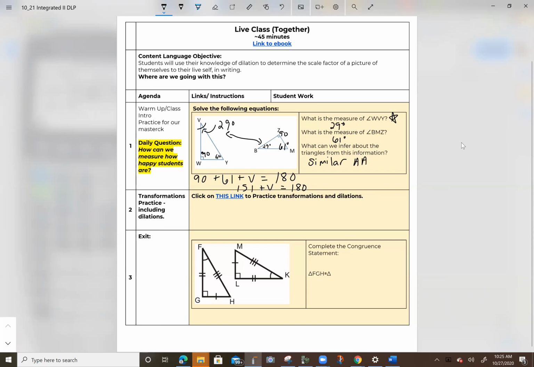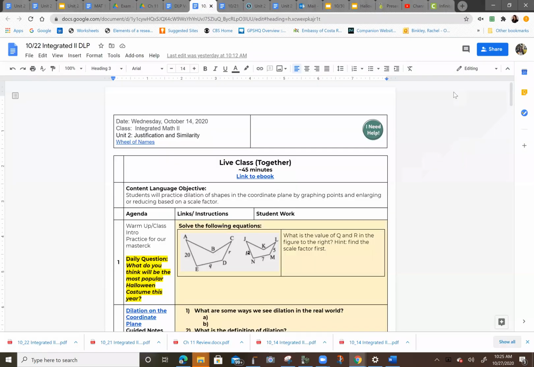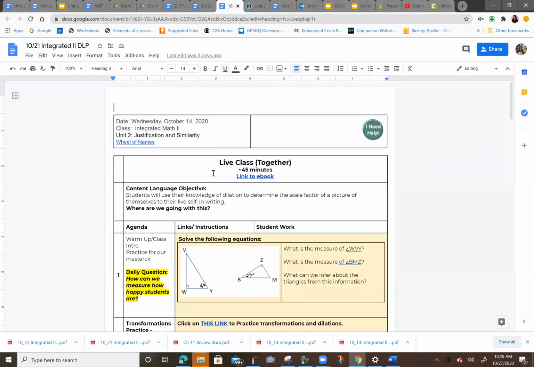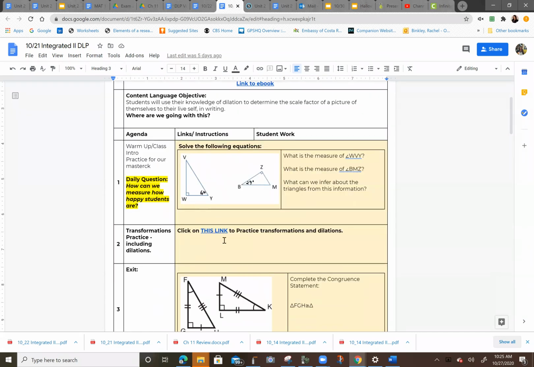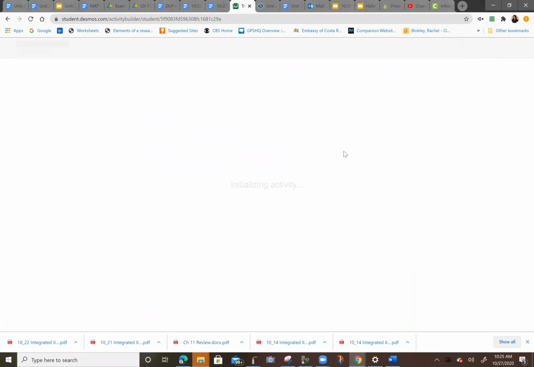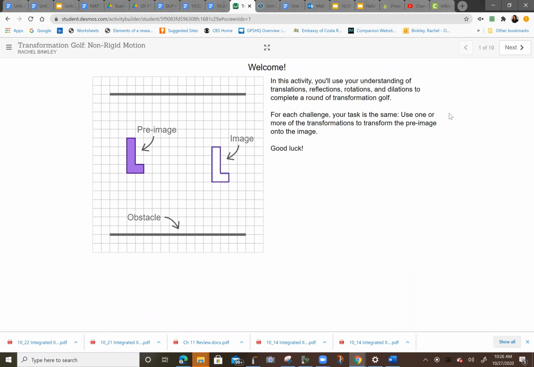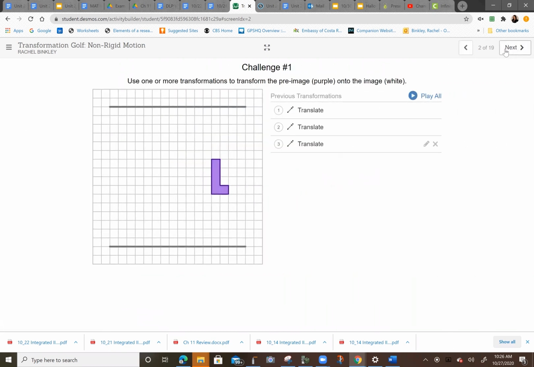Okay, and then here at number 2, we have practicing transformations and dilations, and I believe that this, let's click on this link. I believe it is a Desmos that I want you to practice, and it is all around transformations.